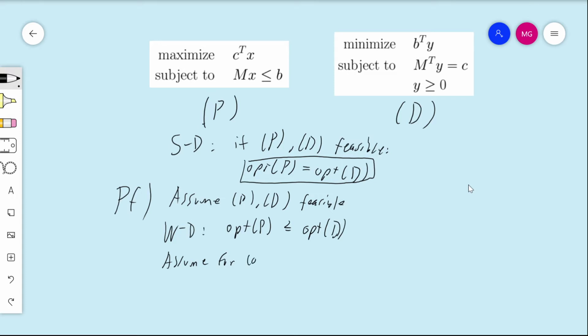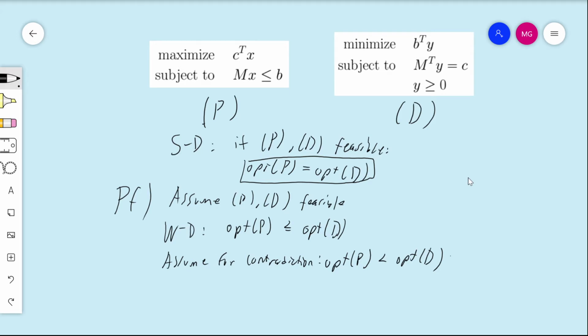So assume for contradiction that the optimal value of the primal is strictly less than the optimal value of the dual. And we're going to derive a contradiction from here. That's going to show us that this bound can't be strict, so in fact they have to be equal to each other, and that'll prove strong duality.